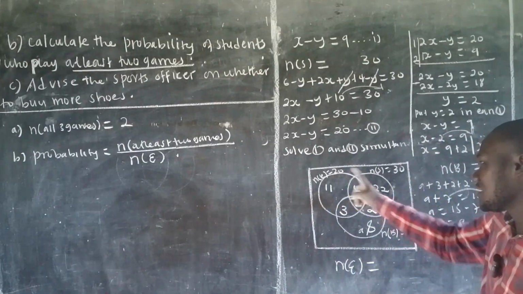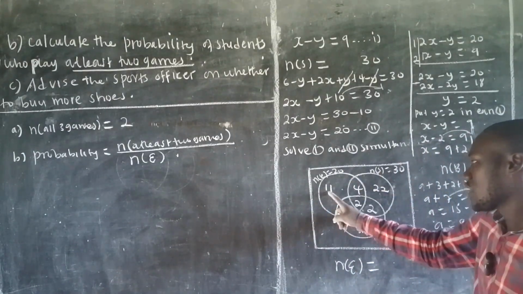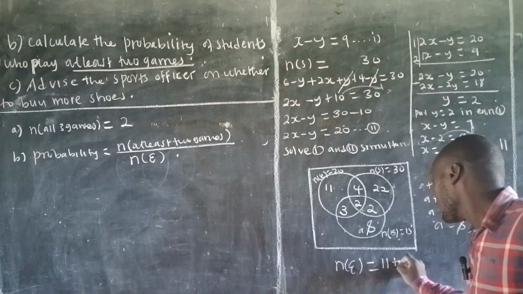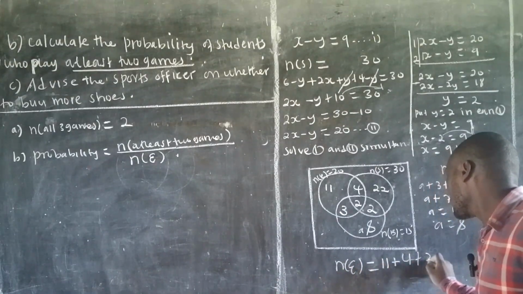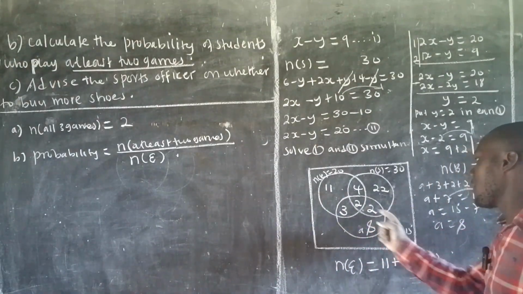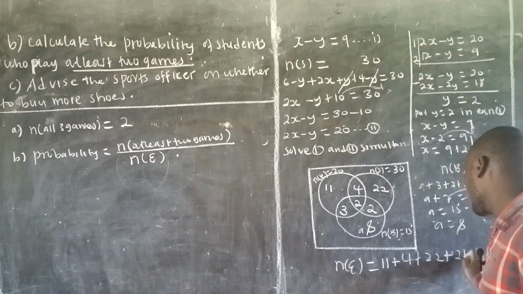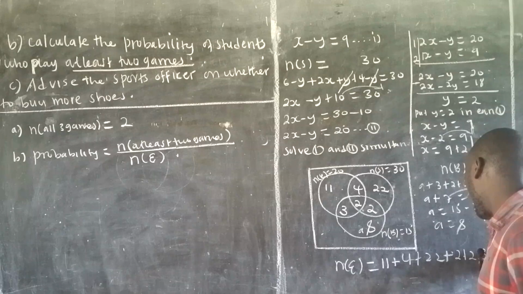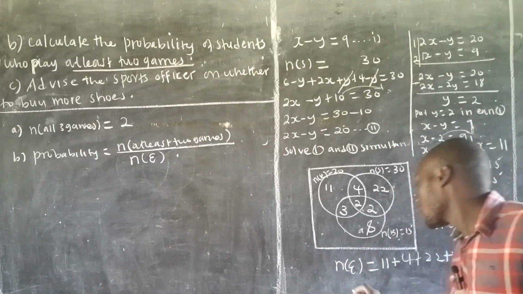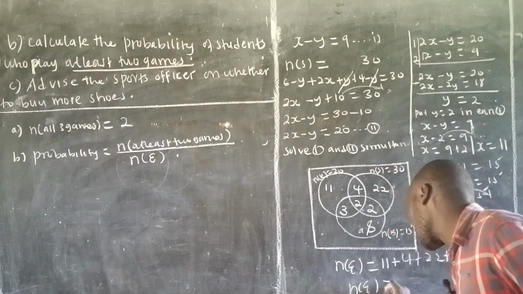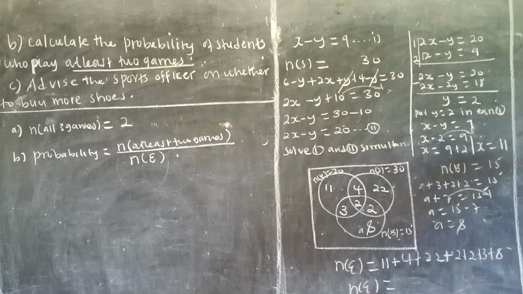Don't add this, no, the ones inside the circles. So we start with 11 plus 4 plus 22, plus 2 plus 2 plus 3 plus 8. So what will be our number in the universal? We are now getting it.